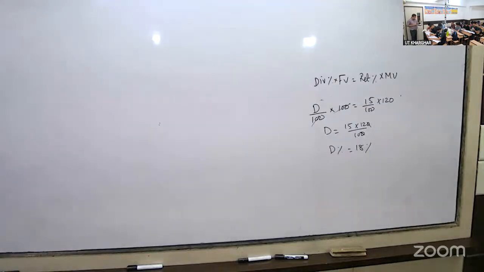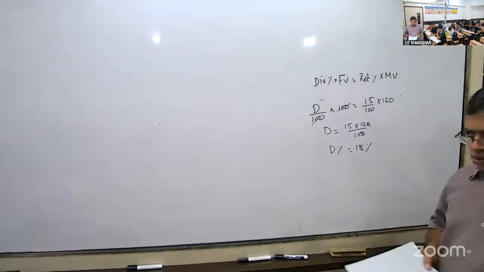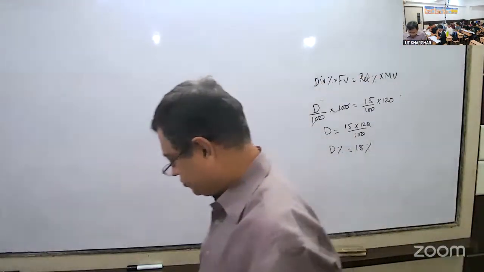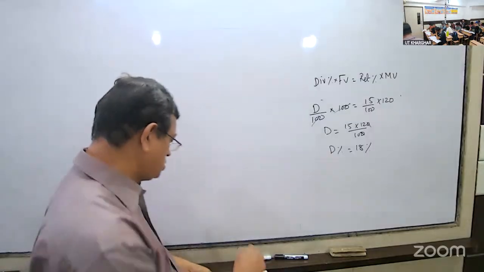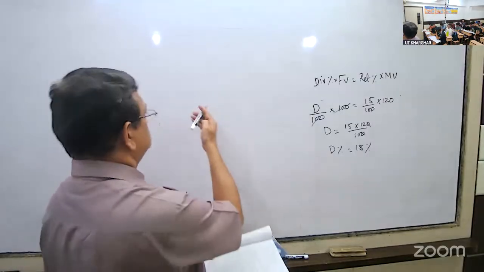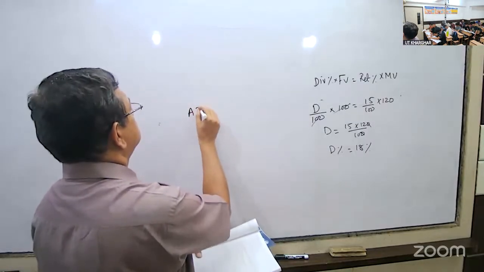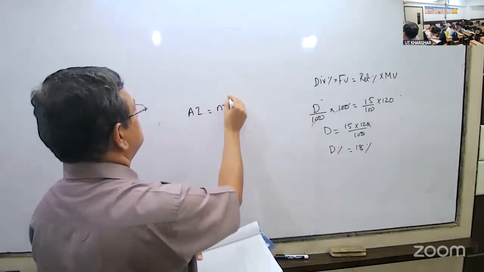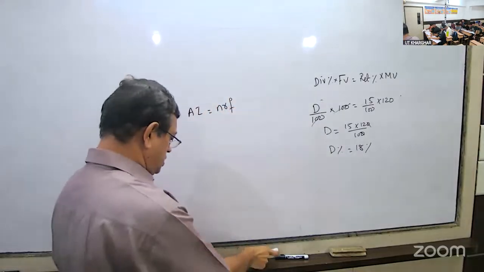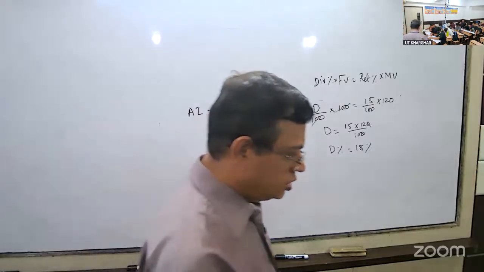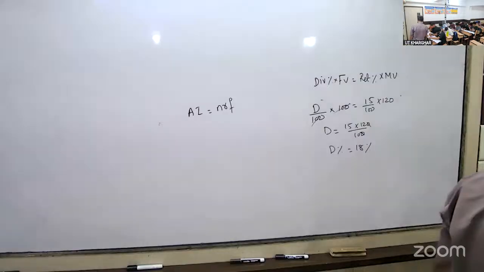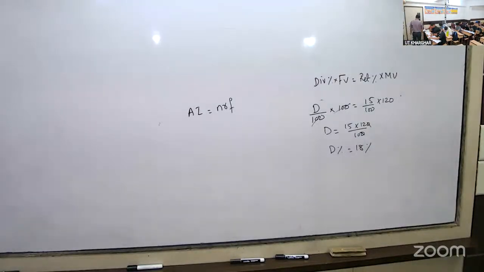Then annual income is equal to N R F. Replace and get the answer. N is 1, R is given, you have to get the face value.